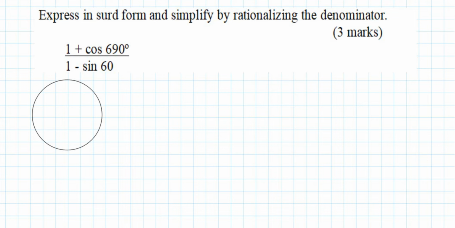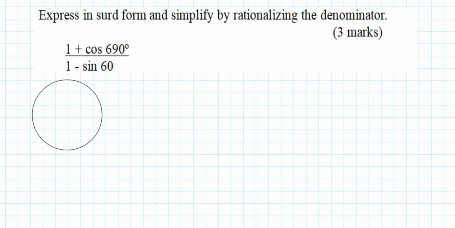So first, we need to remind ourselves about the special angles that we learned in trigonometry, and also we need to remember the unit circle, so that now we can be able to substitute appropriately. So first of all, we remind ourselves about the special angles 60 degrees and 30 degrees.